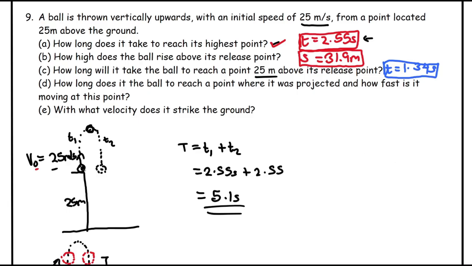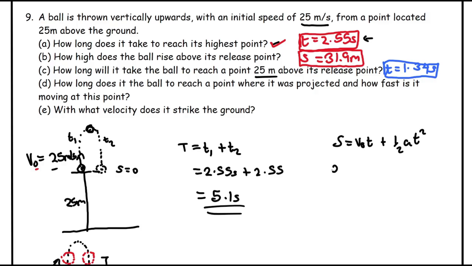Now, there's another way we can get this same amount of time. We know that when the bow reaches back at this point, the displacement is 0, because displacement also has direction. If it goes up and comes back to this same point, it will have a displacement of 0. So, in that case, we can use one of the kinematic equations. We can use S equals V naught T plus half AT squared.